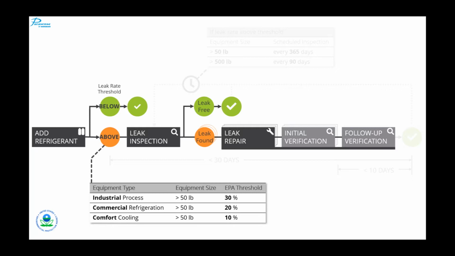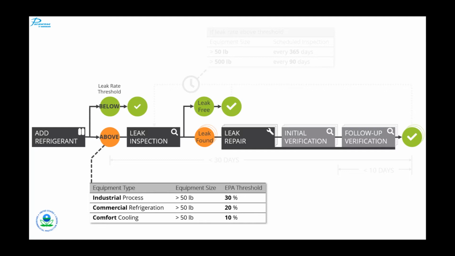In the Parasense platform, the initial and follow-up verifications form part of the repair procedure. In an ideal world, any more refrigerant additions to bring the equipment up to operating conditions would have taken place between the initial and follow-up verifications. Provided that these verifications are successful, this repair procedure is complete.